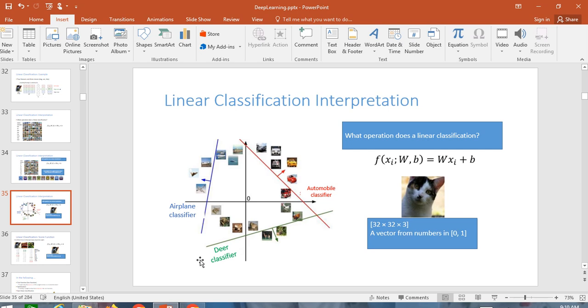If the input image falls in the direction of the arrows, the classification is done as the class corresponding to that vector. And otherwise, the class of the input image is considered something other than the class corresponding to this vector.